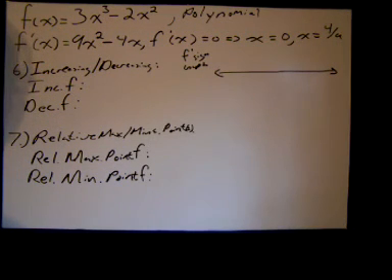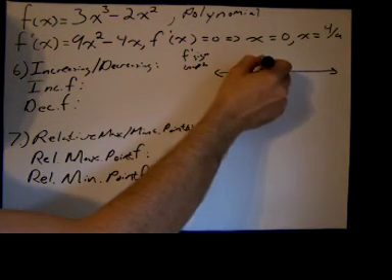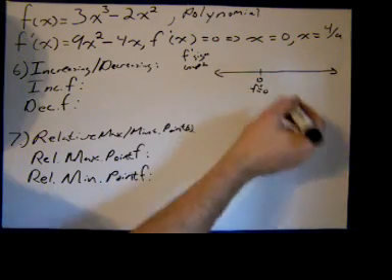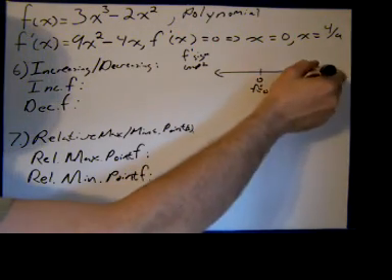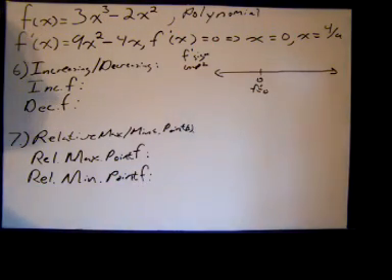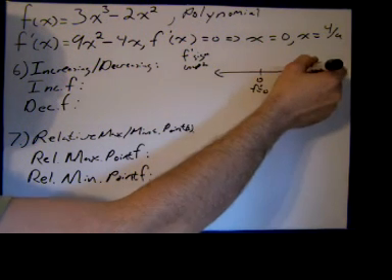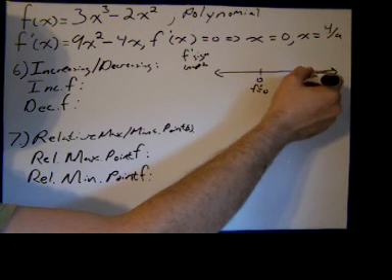So I'll put on this number line where f prime is equal to 0, and I just make that little mark there. This will come in more handy when we do things like rationals and root related and other functions, because we'll be noting where maybe f is undefined, where f prime is undefined.